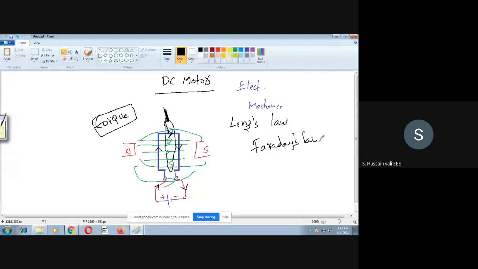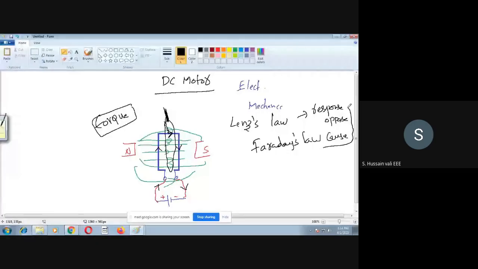So now when it starts rotating, then as per Lenz's law, the response opposes the cause. See, there are different ways you can tell what Lenz's law is; this is not the only way. So the response opposes the cause.